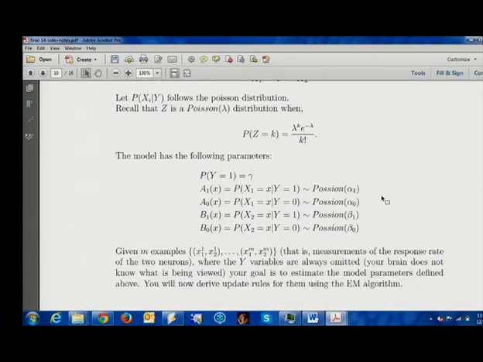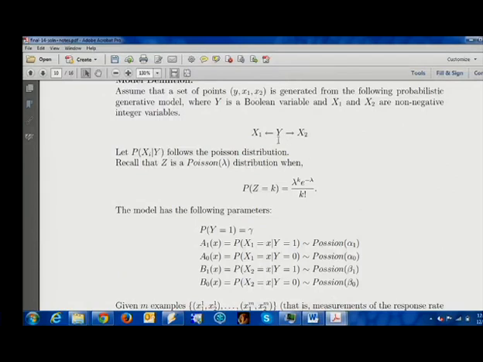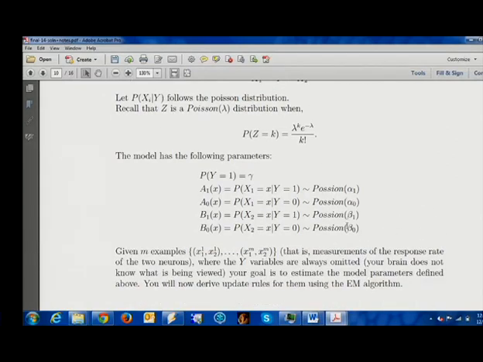Given that you understand this model, you know that these are the parameters that we care about. We care about the parameter, the prior for y. We're going to call it lowercase lambda, and p of y being 0 is 1 minus this.